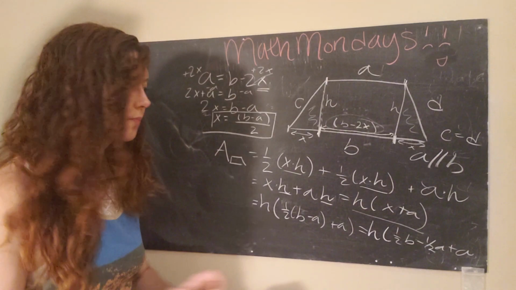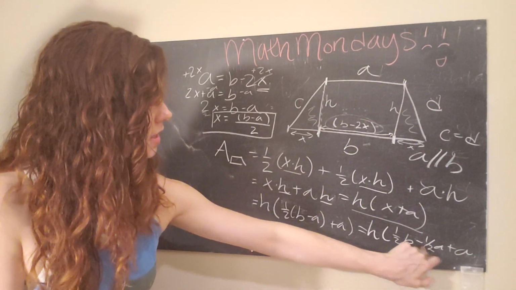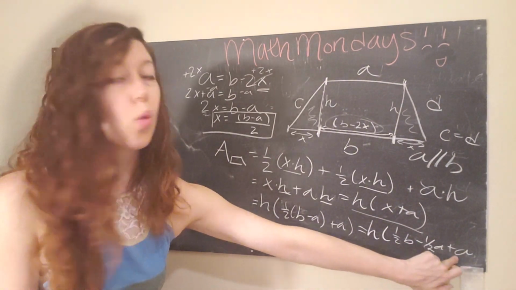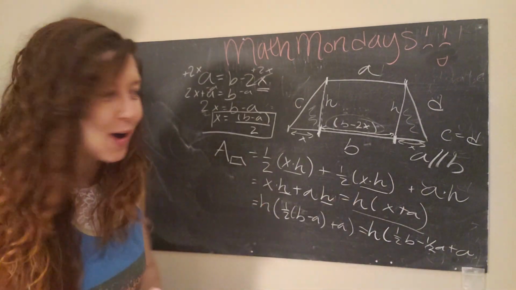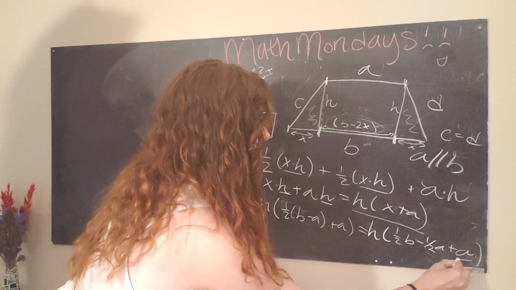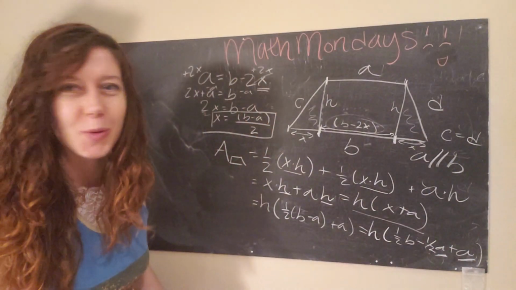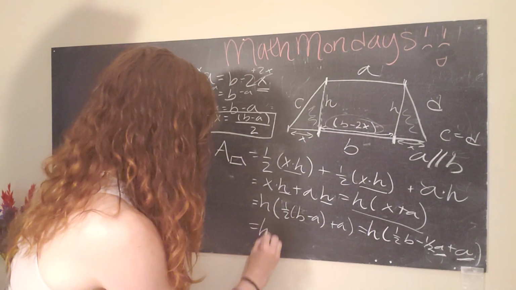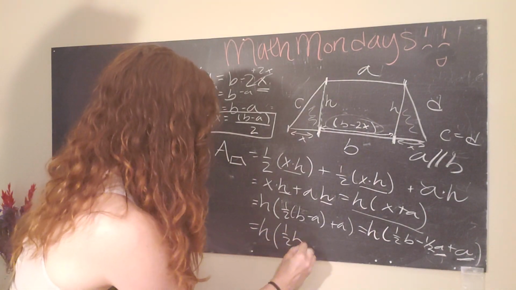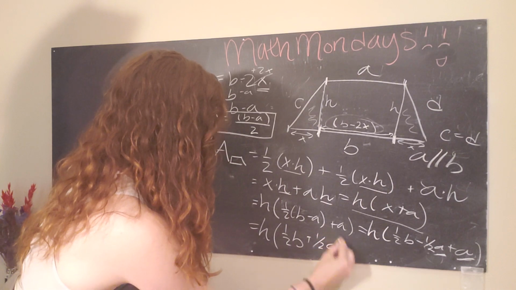That's interesting, because I notice that if I subtract 1/2 from 1, I get a positive 1/2. So check that out. Super cool, right? So now I have h times 1/2 b plus 1/2 a.